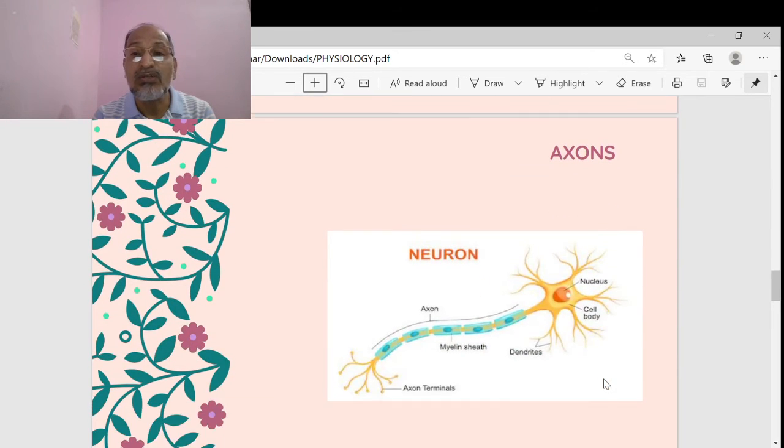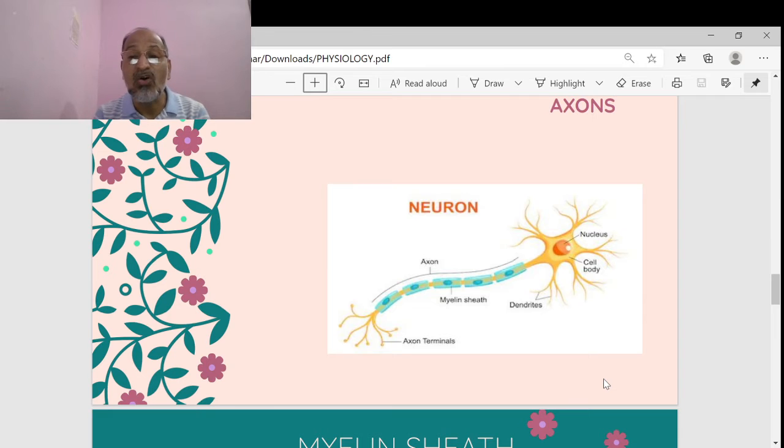Then, in contrast to dendrites, you have got an axon, which is coming from the cell body from the hillock, and hillock is just a thickened part of the soma, or the cell body of the cell membrane. From there extends the fiber-like structure called the axon.